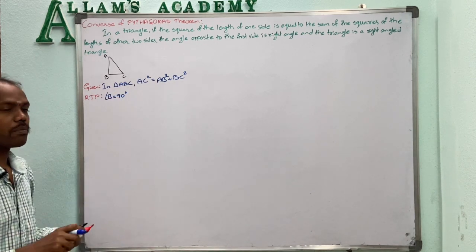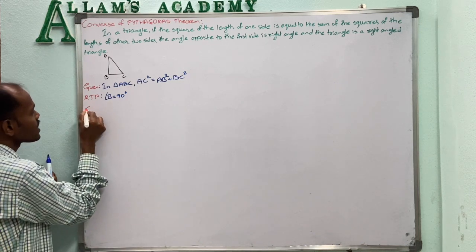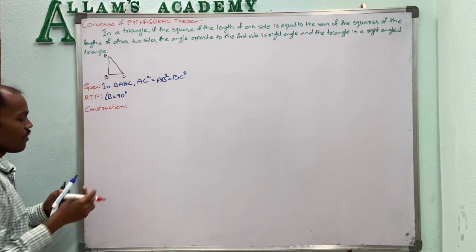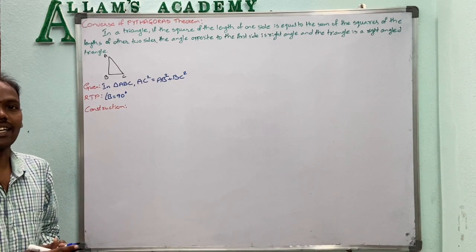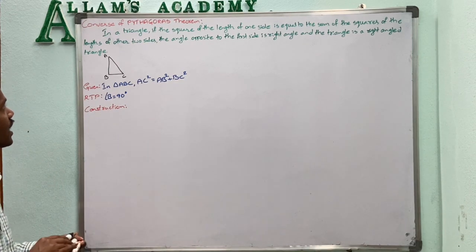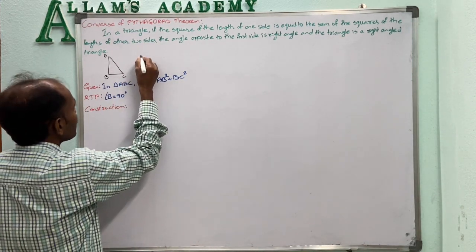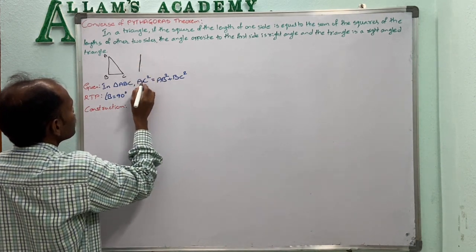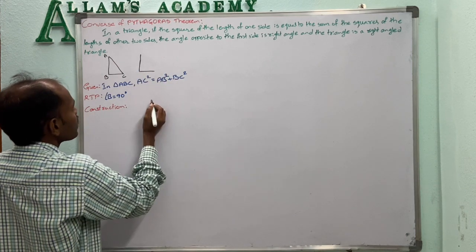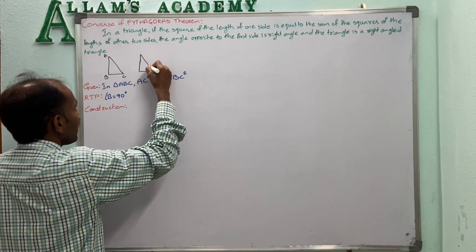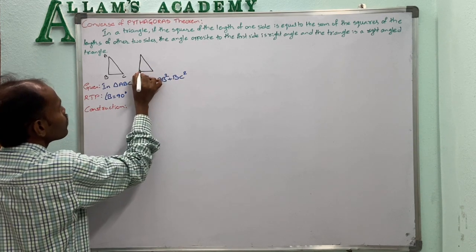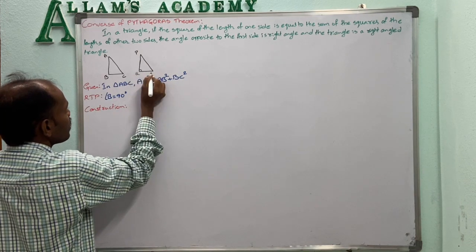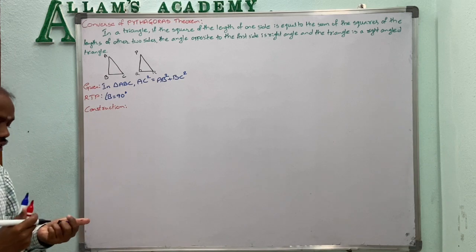So for showing that, we have to do one construction. That construction is, we have to draw a triangle. We draw a triangle taking a side of length AB, and another side of length BC, and joining these two sides with 90 degrees. The triangle will be taken as PQR.